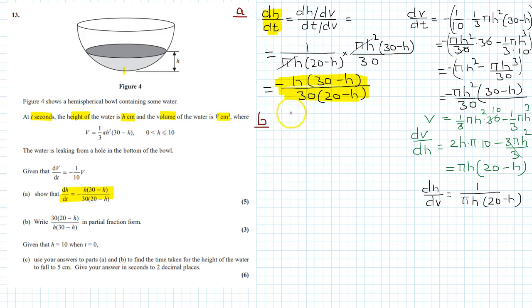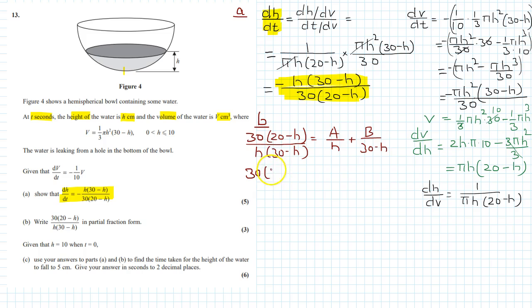Write 30(20 minus h) over h(30 minus h) will be equal to a over h plus b over 30 minus h.